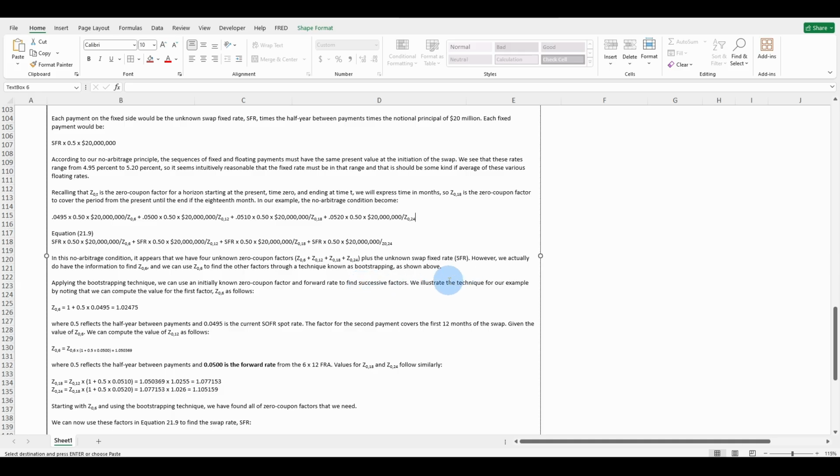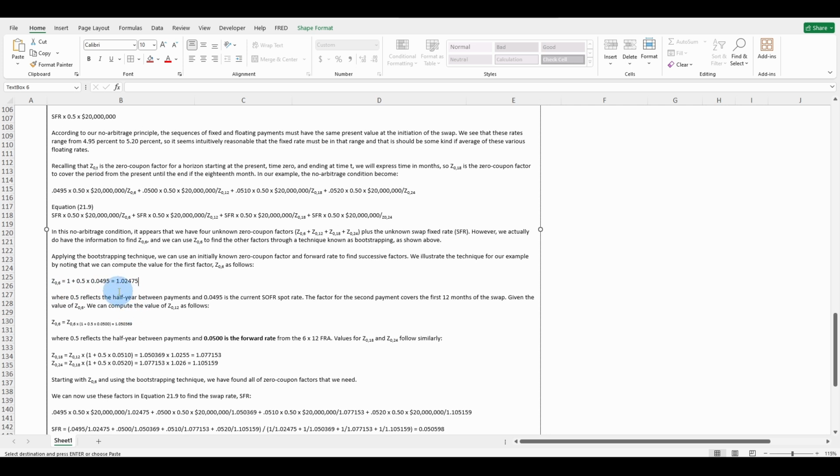We illustrate the technique. For example, Z0(6) is 1 plus 0.5 times 0.0495, which is equal to 1.02475. That is the zero for the first series. Whereas 0.5 reflects the half year between payments and 4.95 is the current SOFR spot rate. The factor for the second payment covers the first 12 months of the swap.